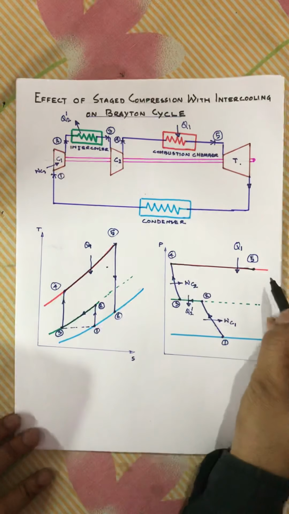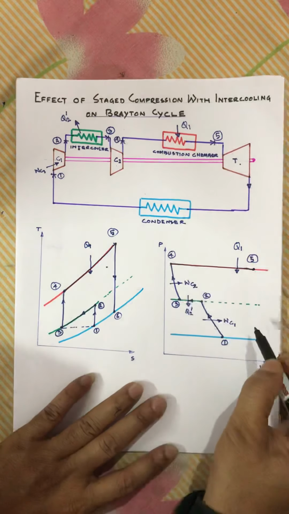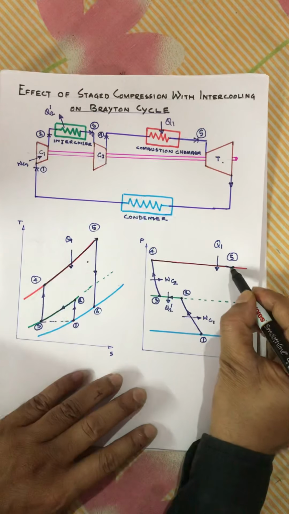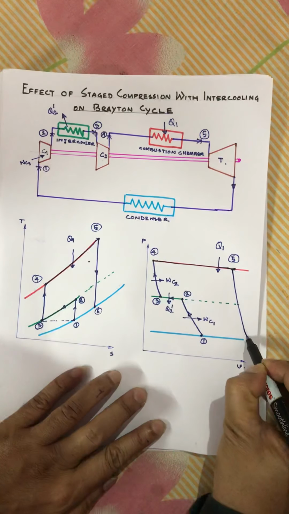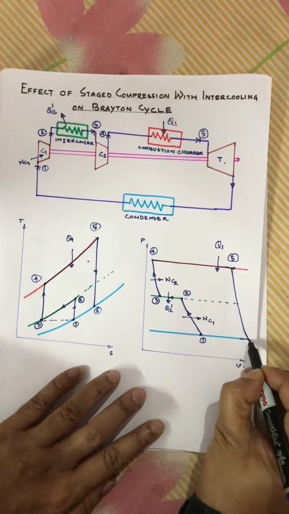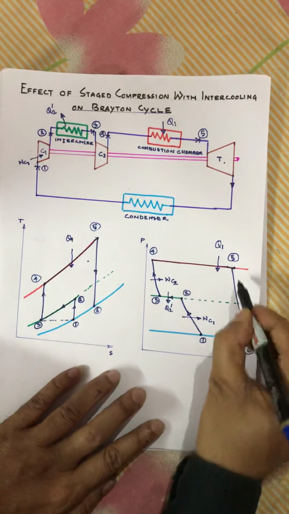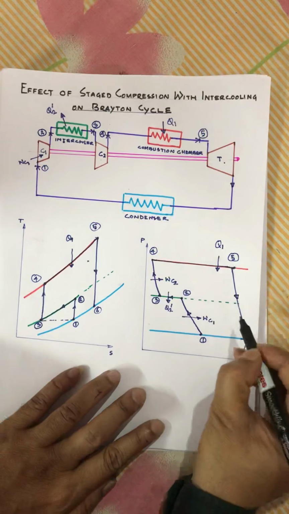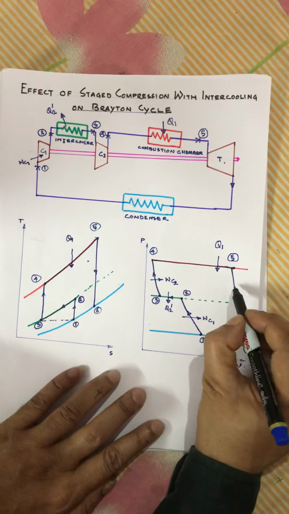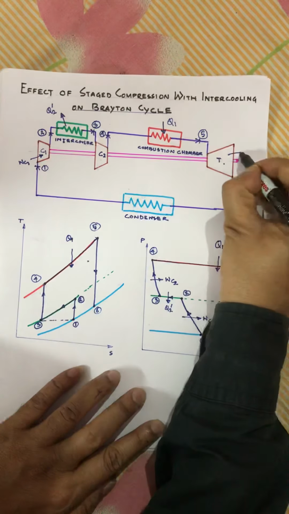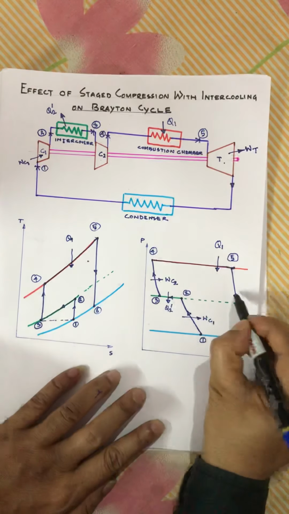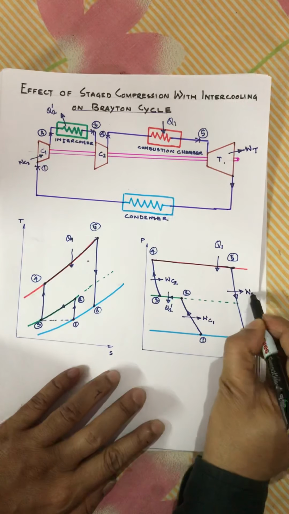In the PV diagram that will be just like that. So 5 to 6 is reversible adiabatic expansion through the turbine, where the turbine develops some work, WT.